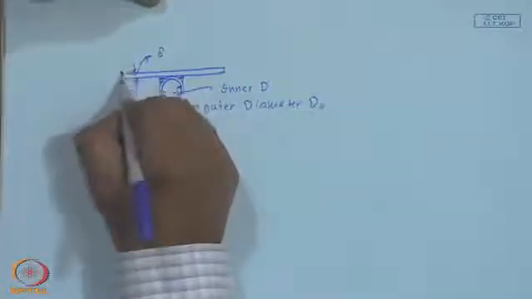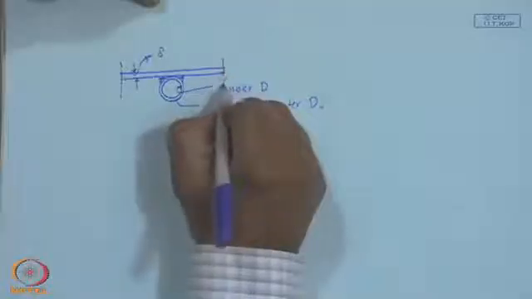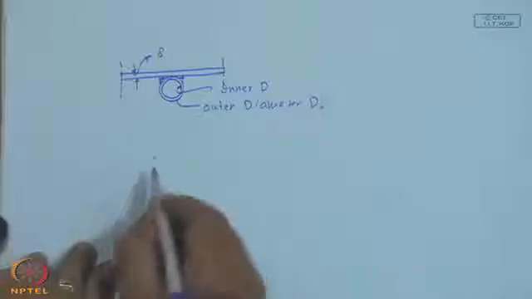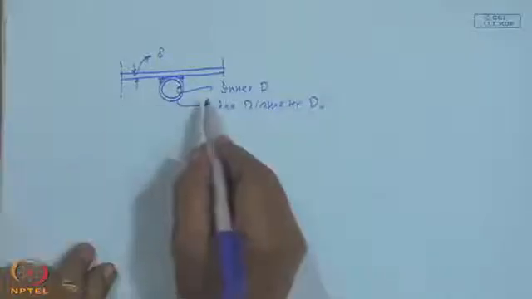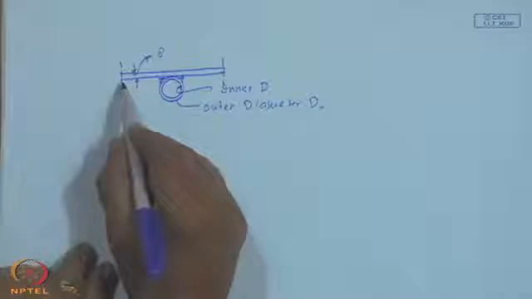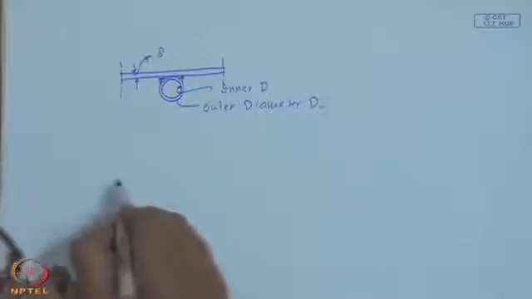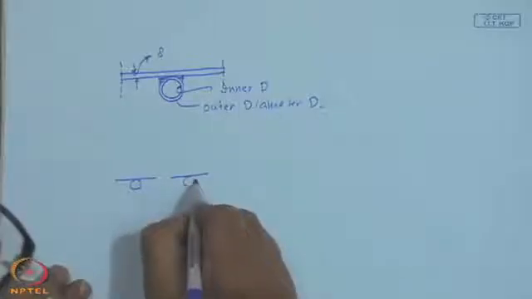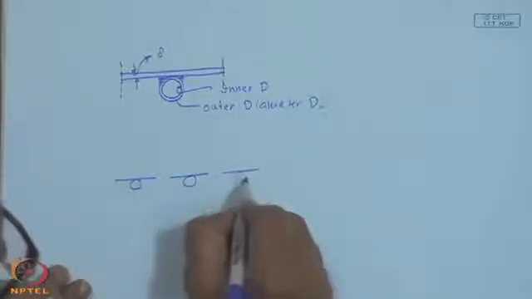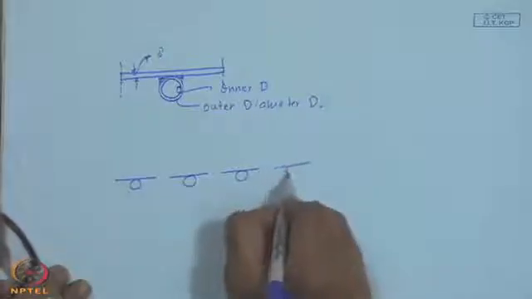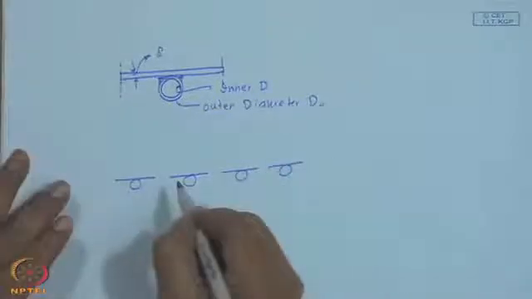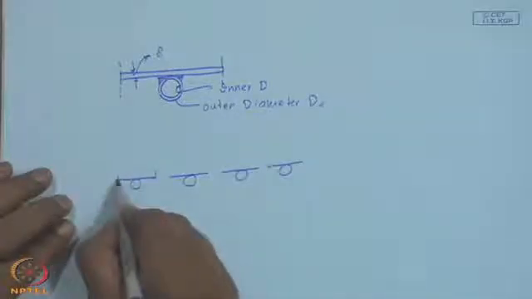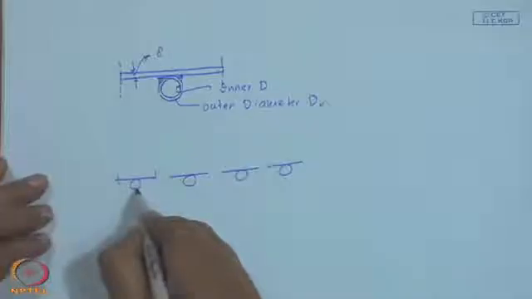So, this is the mid plane and this is the mid plane. So, I have W minus D by 2, where W is the distance between the center to center, and we have a number of elements repeated like this in the collector. They are all joined and each one is half a sheet on this side and half a sheet on the other side, with a tube in between.